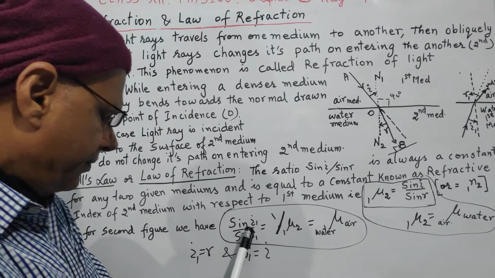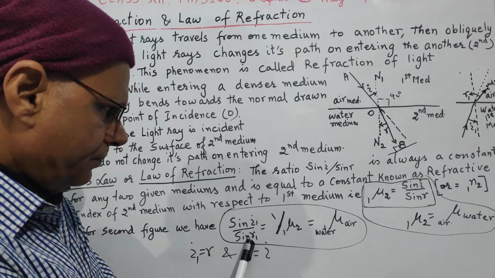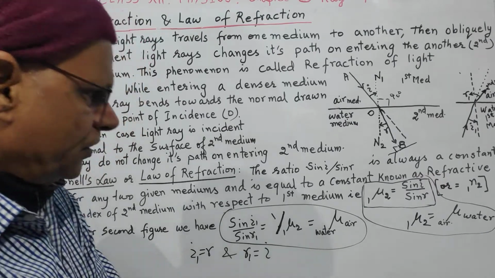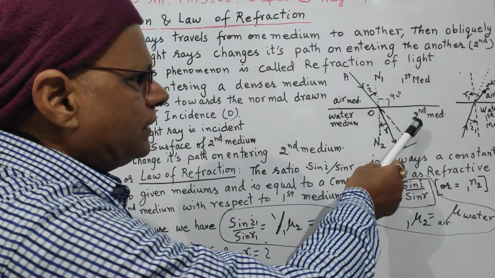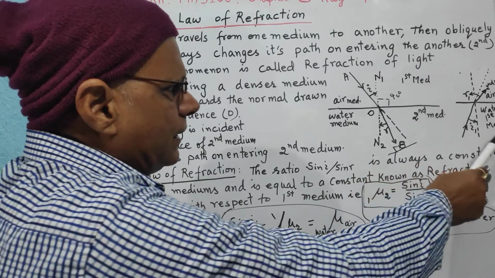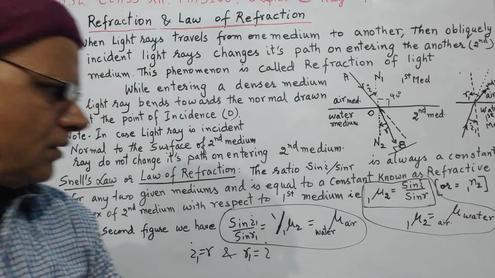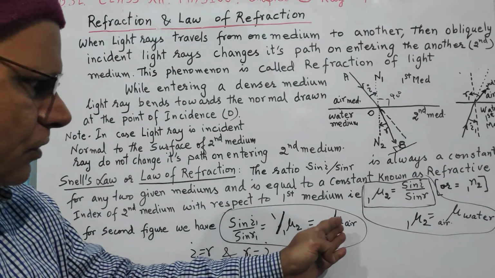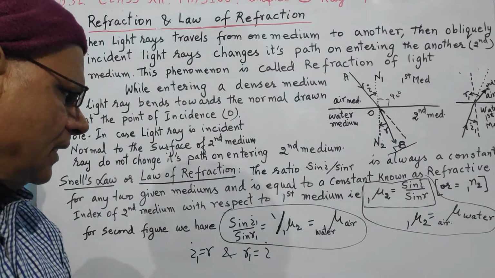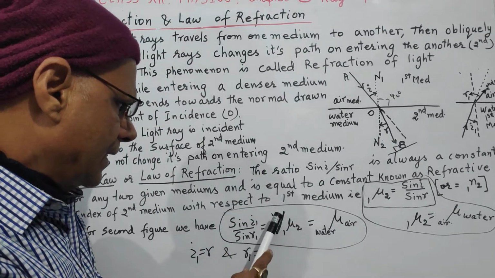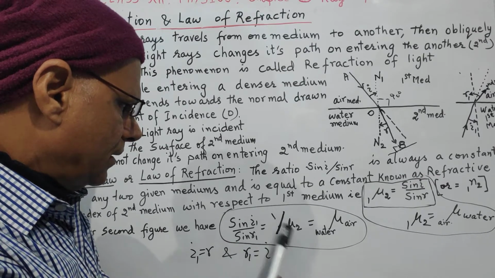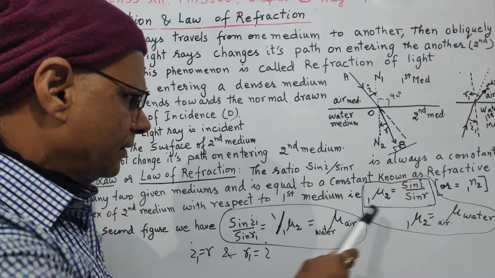So we write sin I1 by sin R1 equal to the refractive index of air with respect to water. To avoid confusion, because here water is the second medium and there water is the first medium, we have introduced the name of the medium. And we will see that sin I1 by sin R1 is nothing but the reciprocal of mu2.